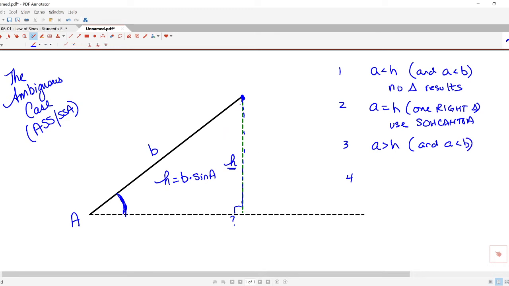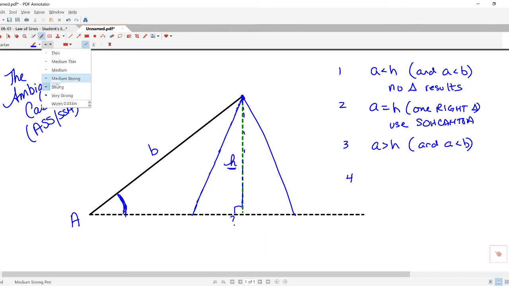okay, then what we have is, and I'm just going to erase this, A has the ability to form a triangle by coming out here, and we get this large triangle here, but equally, it has the ability to form a triangle by coming in here. And so what we get is an acute triangle, and we would get an obtuse version of the triangle. So let me outline these two different triangles.